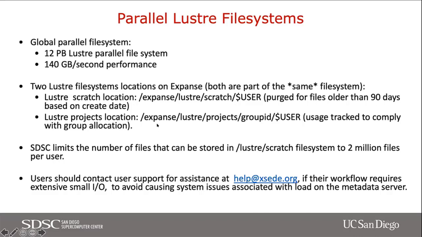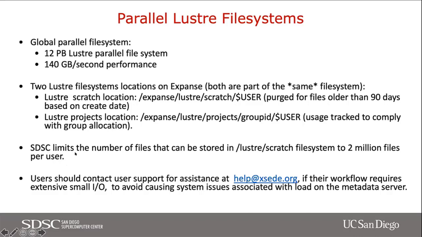And the Lustre projects location, which is the Expanse Lustre projects group ID $USER. So what we are doing here is, since it's the same file system, we set a user-based quota for the whole file system, and then track the group usage in the projects directory, and we'll follow up if someone's over limit.